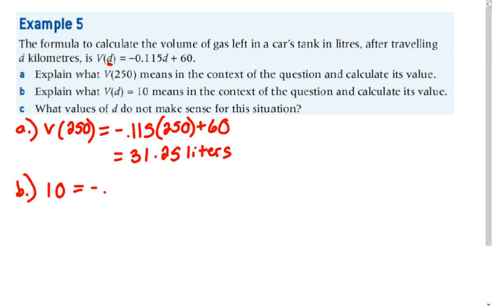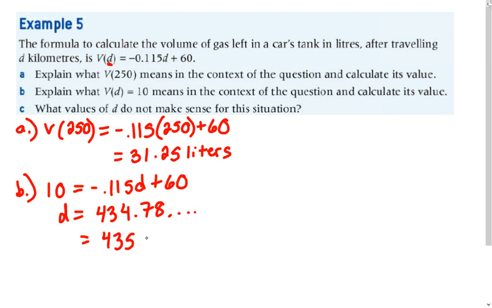That equals negative 0.115d plus 60. So subtract the 60, divide by negative 0.115, type that into your calculator. And d ends up equaling 434.78, etc. Rounded correctly, that'd be 435 kilometers.